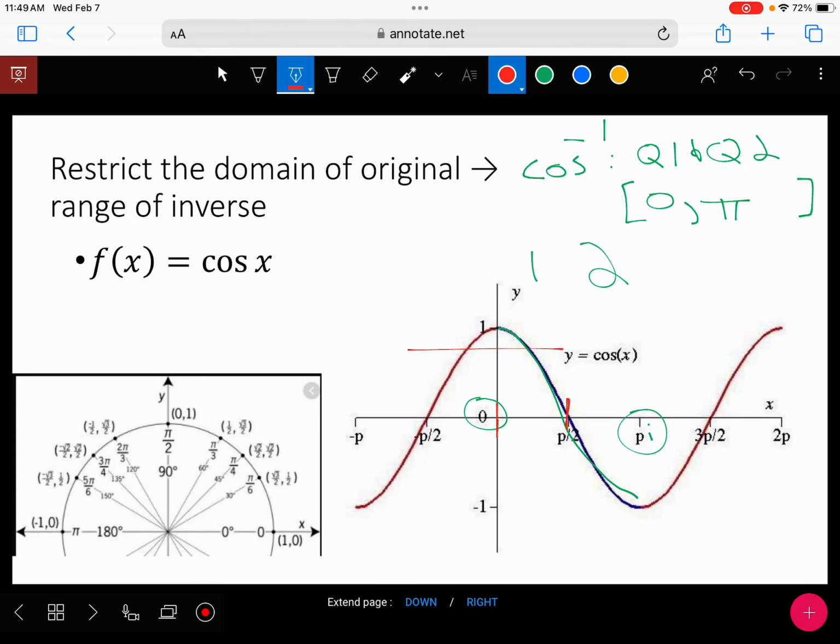It would have been really messy. We don't want that. So instead, for cosine, we went forward. Because if we go forward, no matter where we try, we're going to pass our horizontal line test. And we're going to have a one-to-one function that's invertible and still gives us a function. So now we have our domain restriction for cosine.